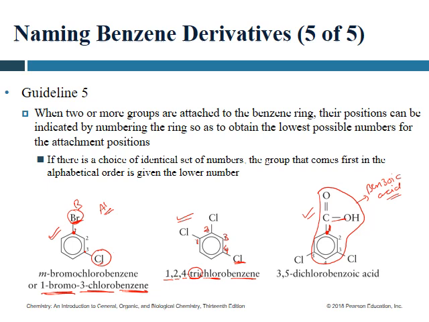And then you have to number it in such a way that the substituent is going to get the lowest number. So this chlorine is a substituent, this chlorine is a substituent. So you have to write on the third and fifth, you have chloro means dichloro, 2 chlorine atoms attached to the benzene, and then you have benzoic acid, because you have benzene plus carboxylic acid, benzoic acid.